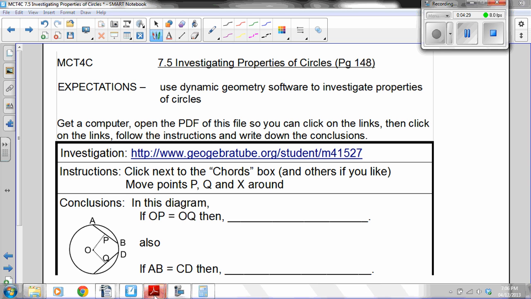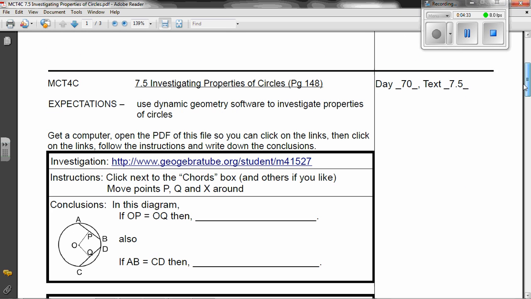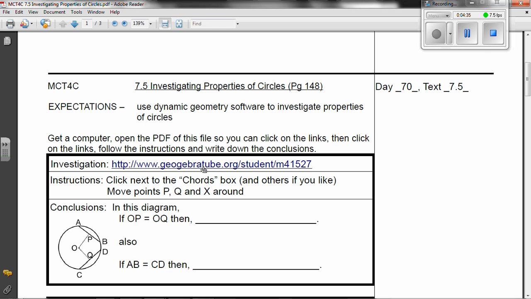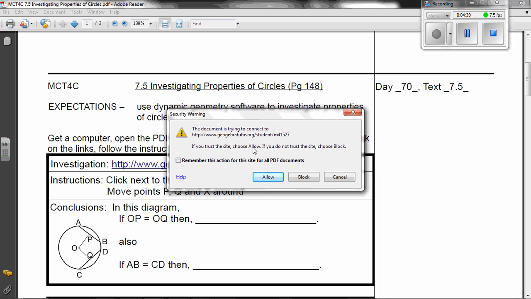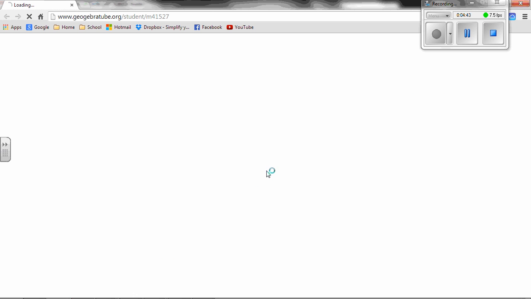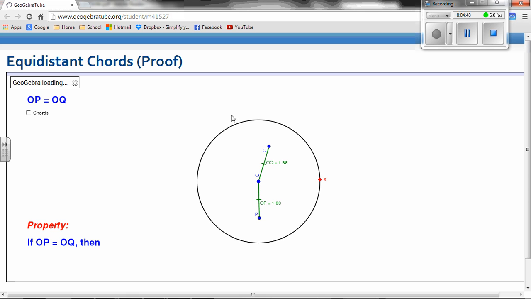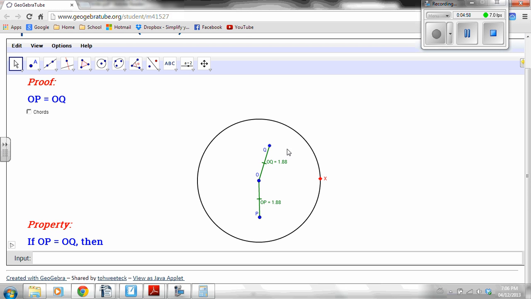Okay, so I've opened my PDF version of this, and I should be able to click on these links, and that'll take you to a website, and you might get a few weird messages, because what this is doing is it's running Geogebra. This is Geogebra loading, and essentially there's some instructions for you to follow.